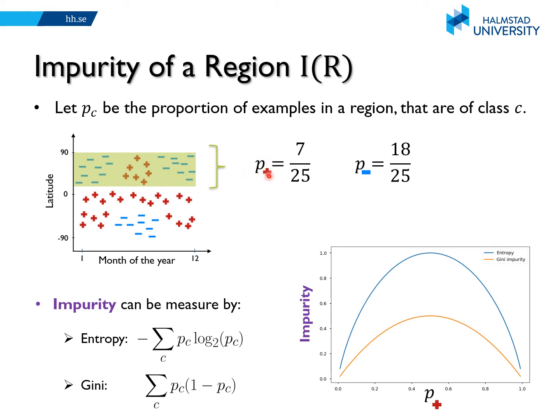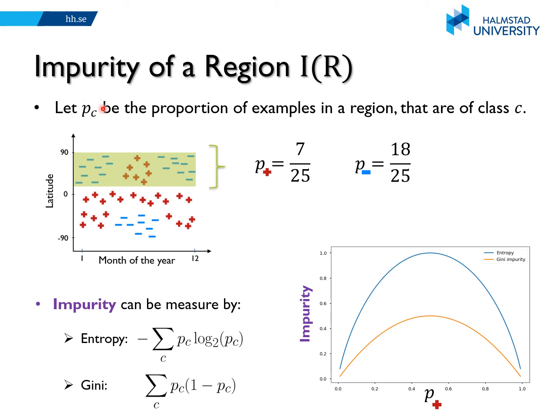They belong to the red class. And P minus is the proportion of the negative examples in this region that are of the negative class. So here there are 7 positive examples in this region among 25. And 18 negative examples among 25.